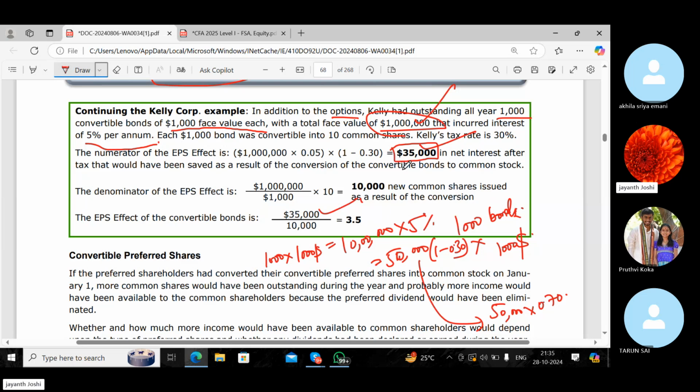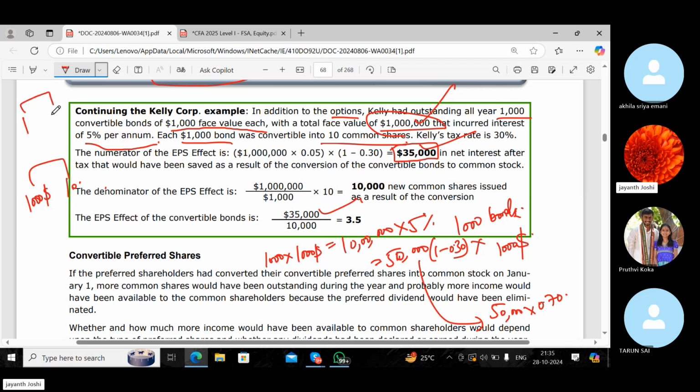In the denominator, what is happening? A $1,000 bond was convertible into 10 common shares. So one bond of $1,000 is converted to 10 common shares. And how many bonds are there? 1,000 bonds.